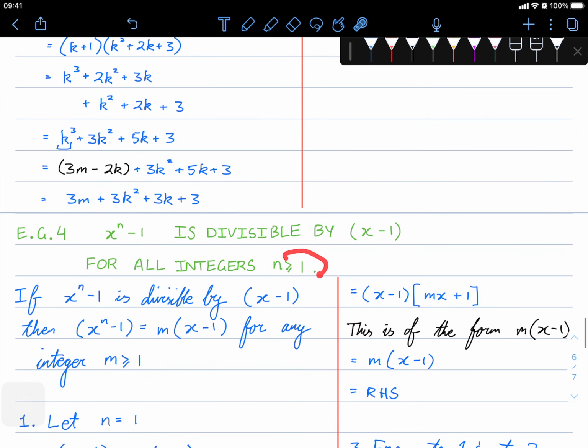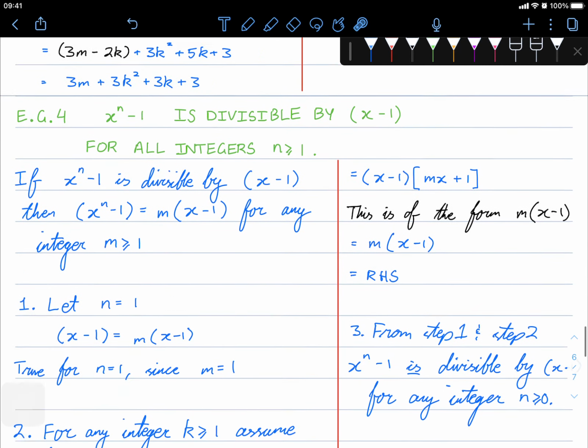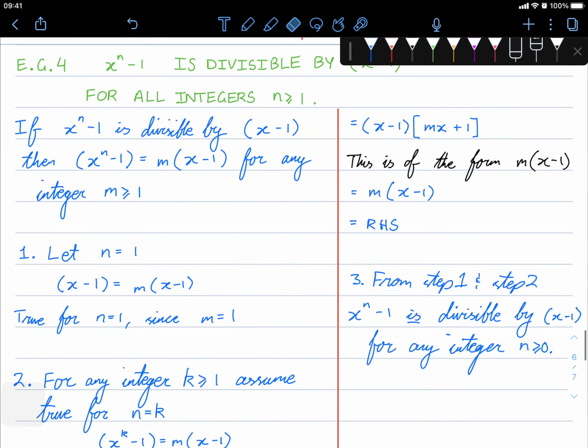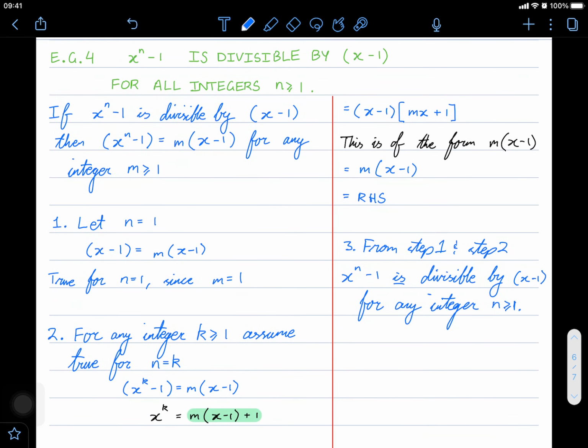Is that right? Oh, I need to change that. Instead of n greater than or equal to 0, it needs to be n greater than or equal to 1. And that's our last example for divisibility tests and mathematical induction.